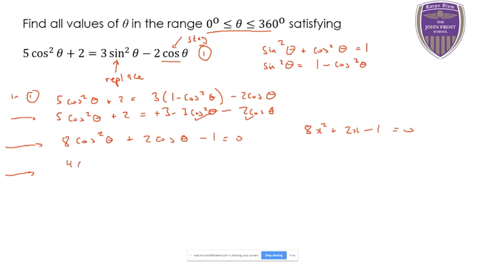It factorizes to 4 cos theta minus 1 times 2 cos theta plus 1 equals 0. Again now, either the first bracket is equal to 0, or the second bracket is equal to 0.